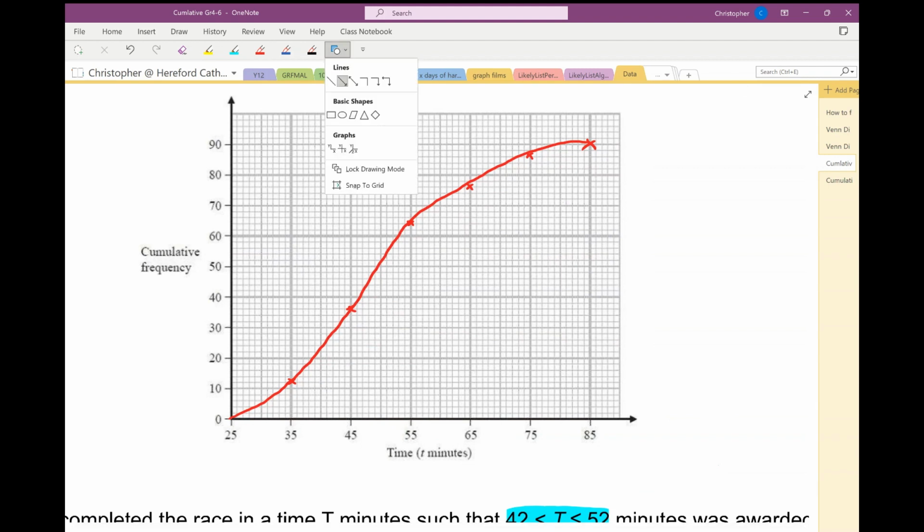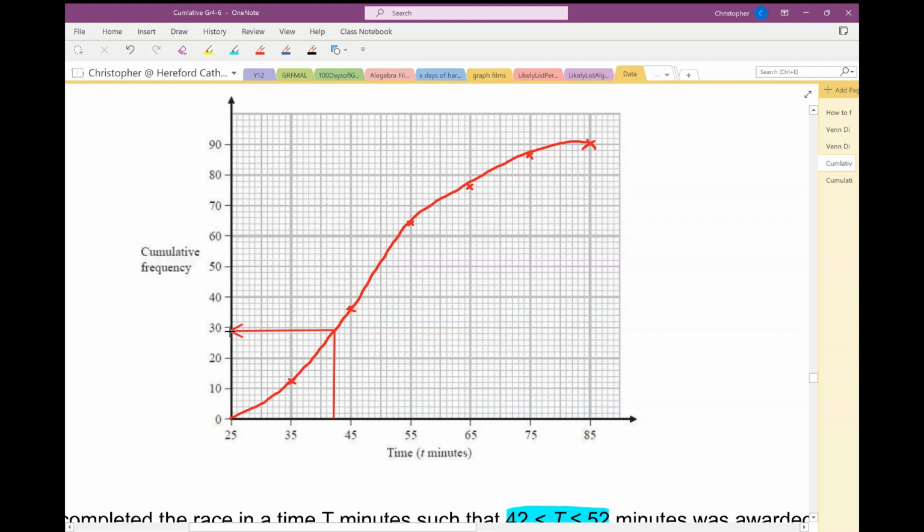Let's have a look. So I'm going to draw a line up from 42. Where's 42? Here it is. Up from 42. And then I'm going to read off that, according to me, I'm going to call that 30. So 30 runners were really very quick. Okay, and now what about those runners who did the race in less than 52 minutes? So find 52 on my x-axis here, and up I go, and I will draw a line across here.